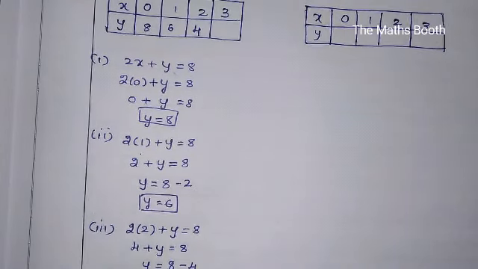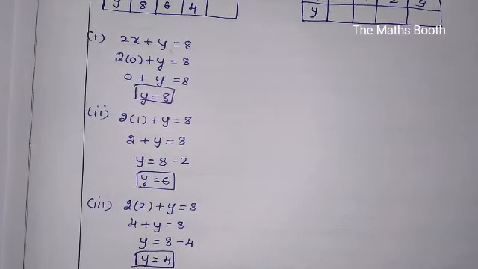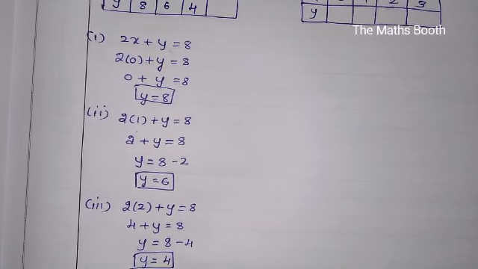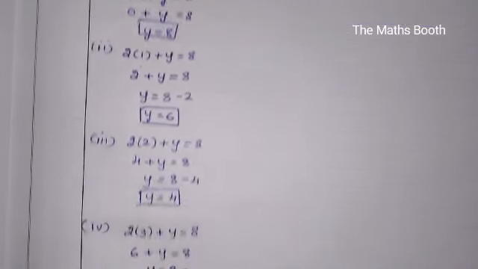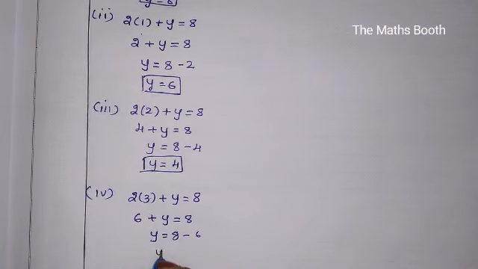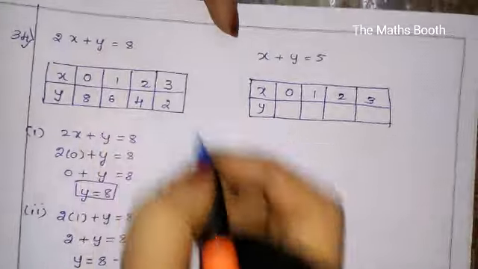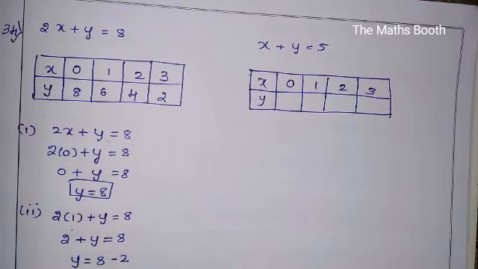Fourth one, 2 into 3 plus y equals 8. 2 threes are 6, plus y equals 8. y = 8 minus 6, y = 2. So we got the y values 8, 6, 4, 2.